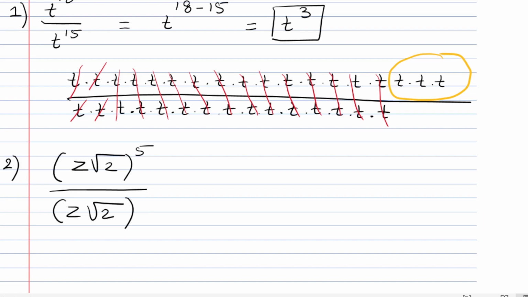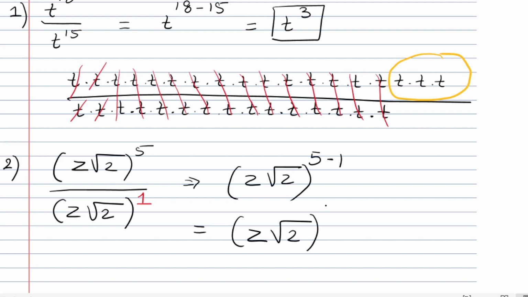As I said earlier, if we don't have any exponent, we count it as 1, right? So since we have the same base, we can start subtracting right away. Which is going to be 5 minus 1. So the answer is 4.